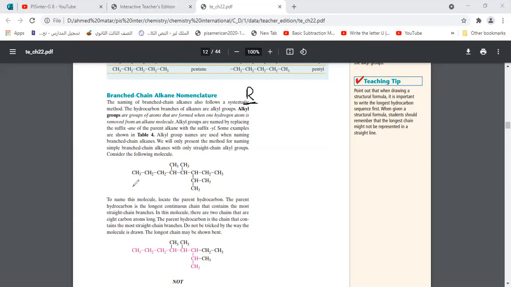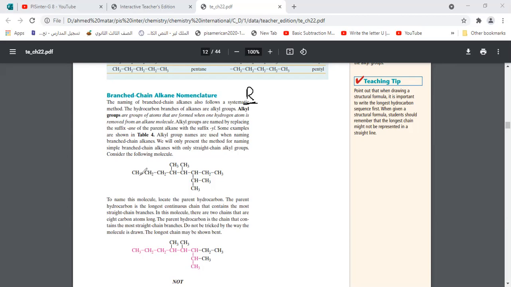So first of all, you must find the longest chain ever. Whatever this chain is, straight or even curved, we don't care, but we need to find the longest chain of carbon. So who can find the longest chain of carbon, guys? Let's count. 1 2 3 4 5 6 7 8.